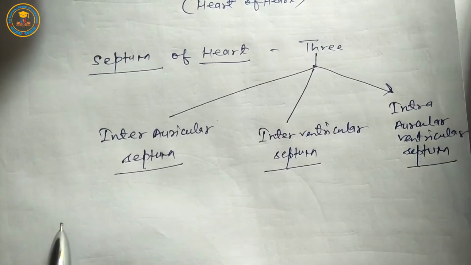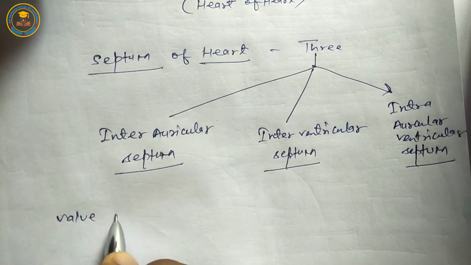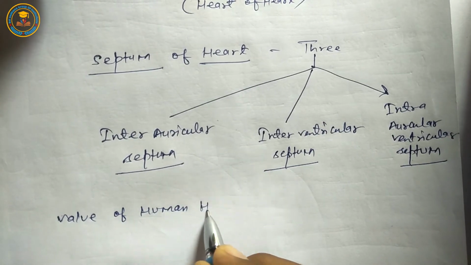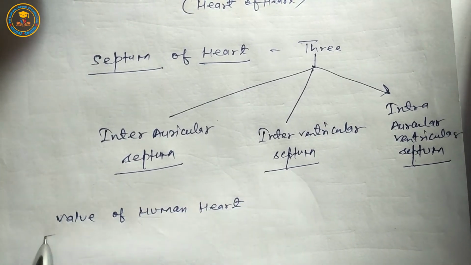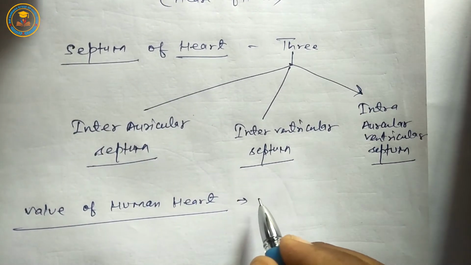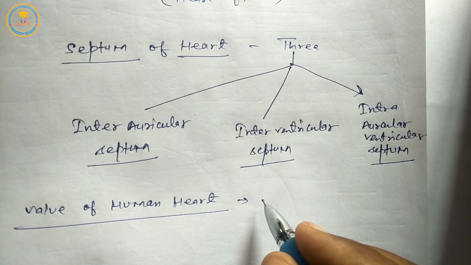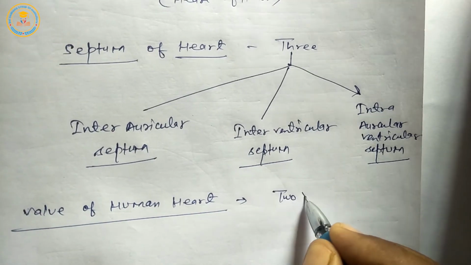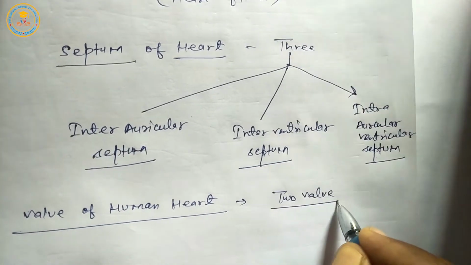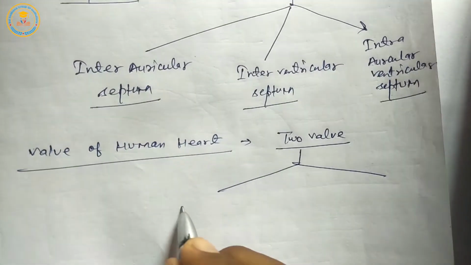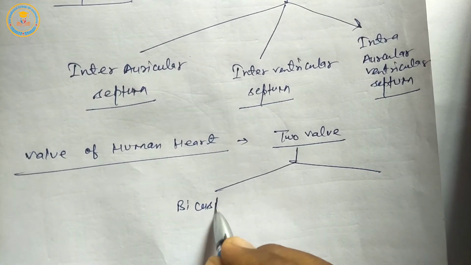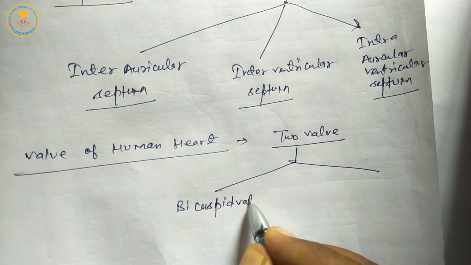Next, the valves of the human heart. Students, the human heart has many valves, but according to class 12th, 2 valves. First is the bicuspid valve.